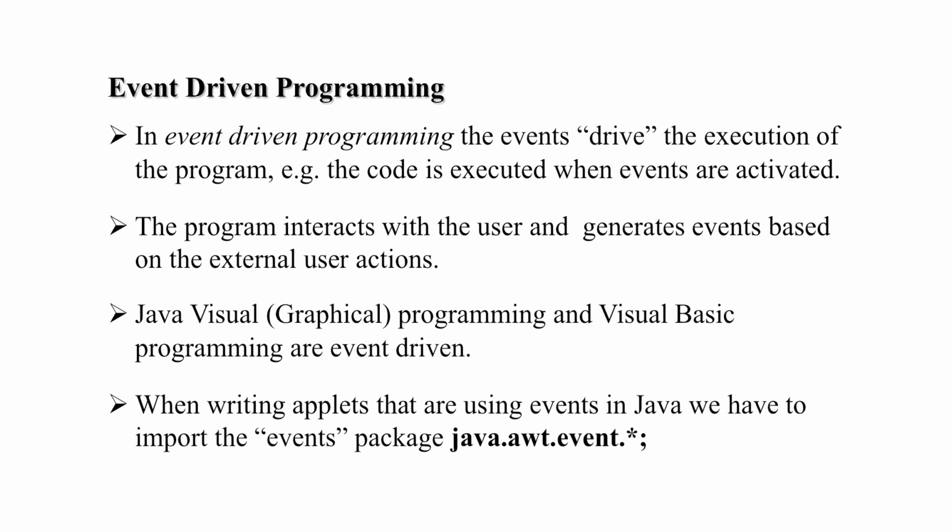In event driven programming, events drive the execution of the program. When code is executed, events are activated, and the program interacts with the user and generates events based on the external user actions, which are supplied by the user.